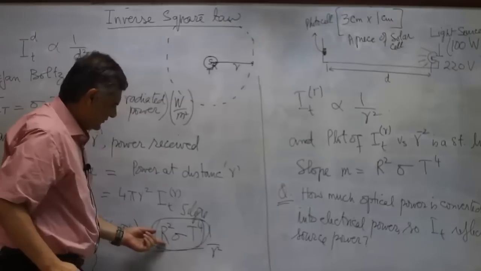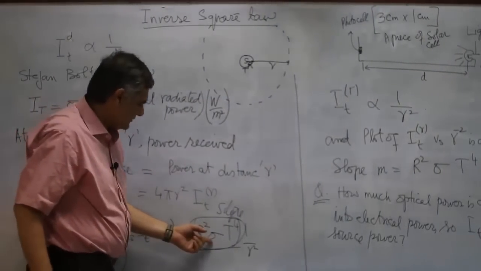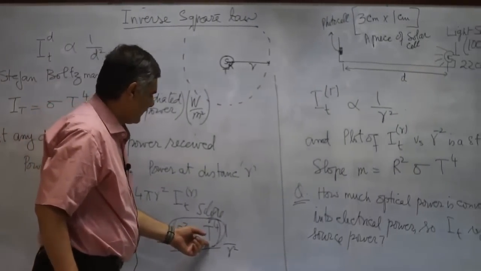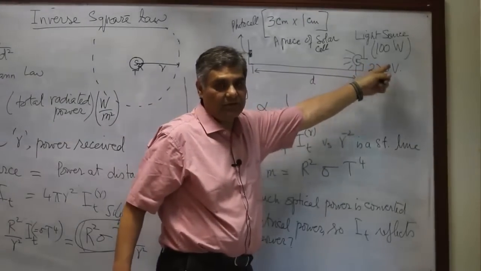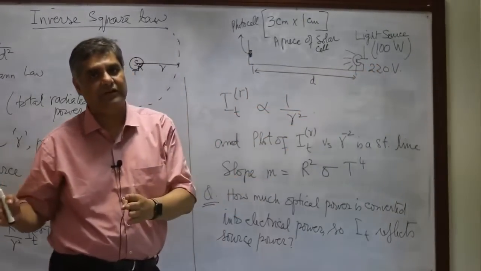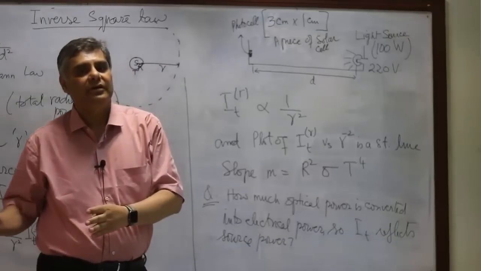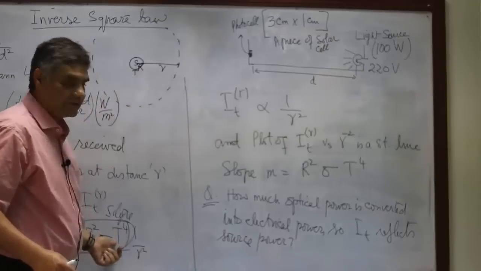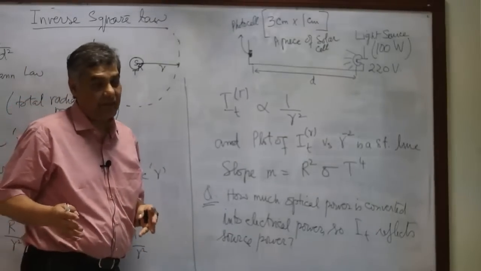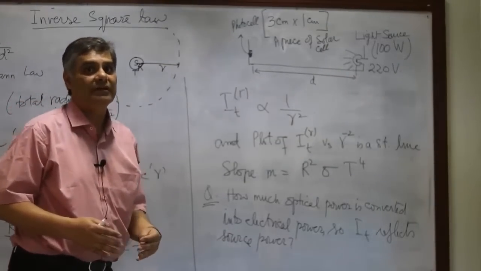So R square is the radius of the source, sigma is a constant, T is the temperature. टेम्परेचर आप इधर से भी निकाल सकते हैं from here. सो दिस इज द इलेक्ट्रिकल पावर. Assuming the 100% electric power is converted into the radiation, so you can measure what the temperature is. But it does not happen. Some of the electrical power is lost in resistance.